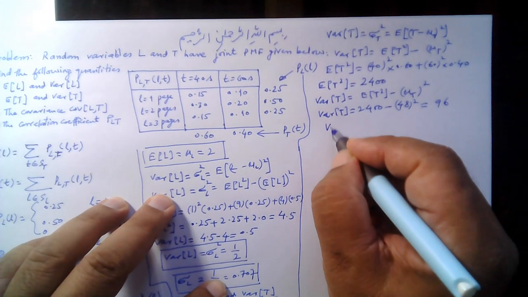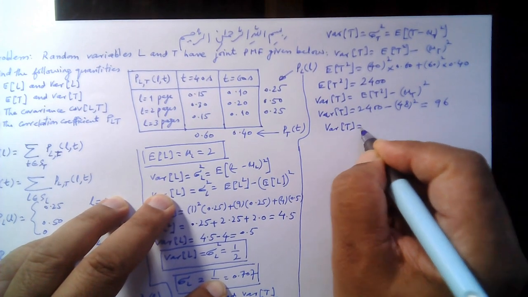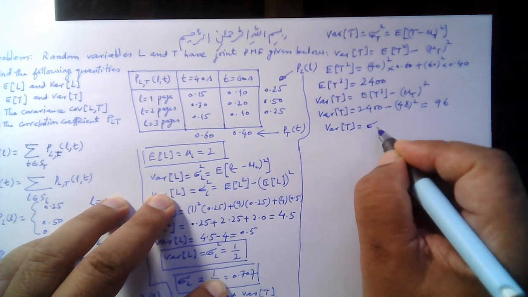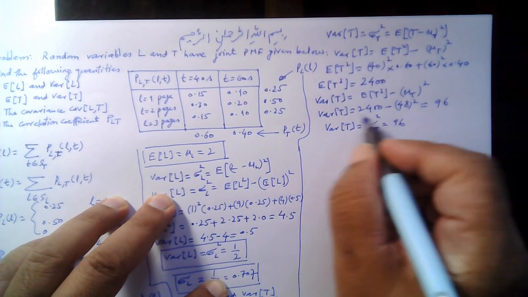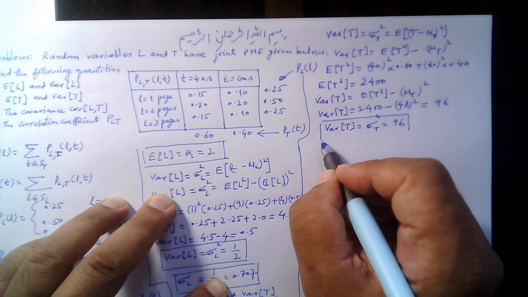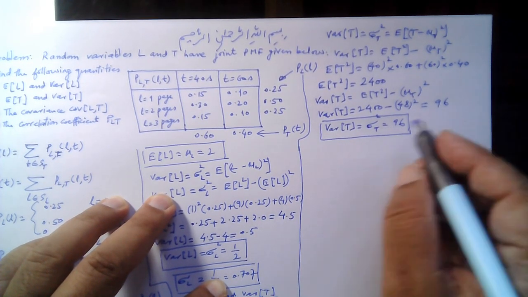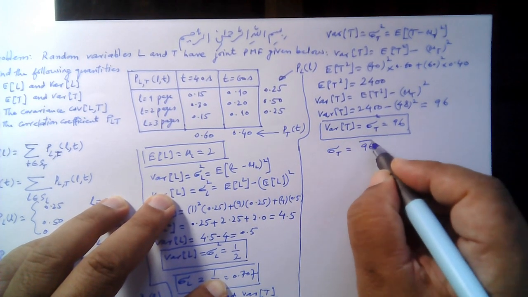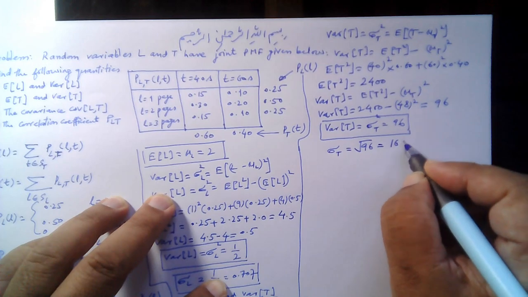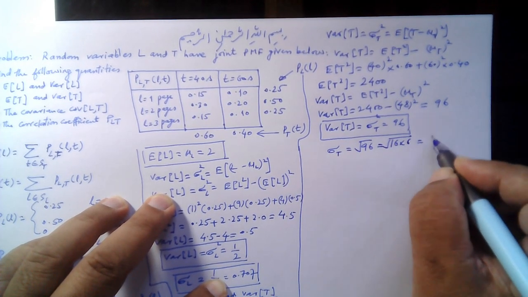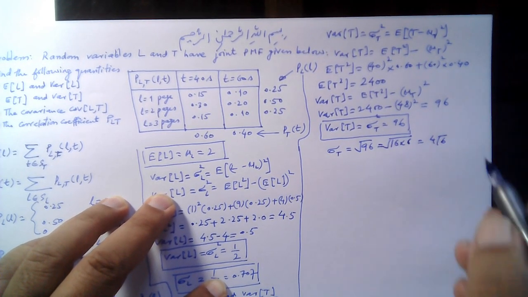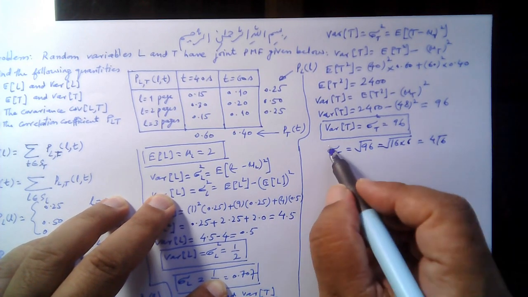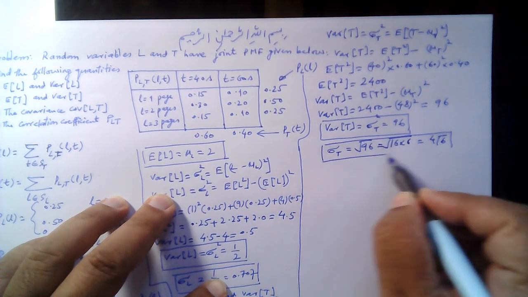So the variance of random variable t is this value, 96. From here we can also find the standard deviation of t, which is the square root of 96. This is 16 multiplied by 6, so the square root is 4 root 6, right? So this is the standard deviation of the random variable t.